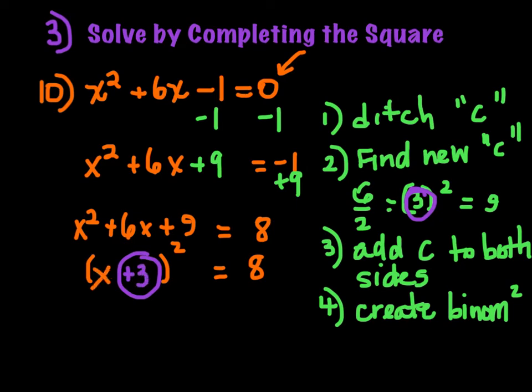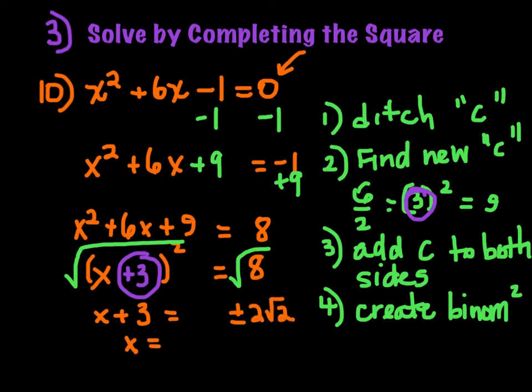And I have x plus 3 quantity squared equals 8. I think you know how to solve it now. I'm going to take the square root of both sides. I'm going to get x plus 3 equals plus or minus 2 root 2. Then I'm going to subtract that 3 over to the other side. And that would be my answer.